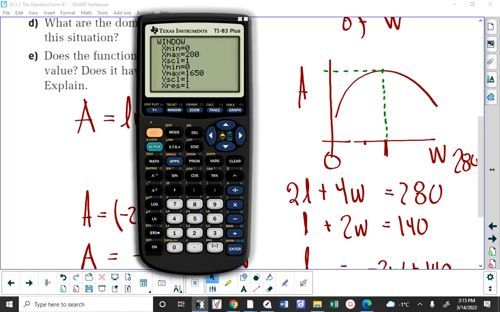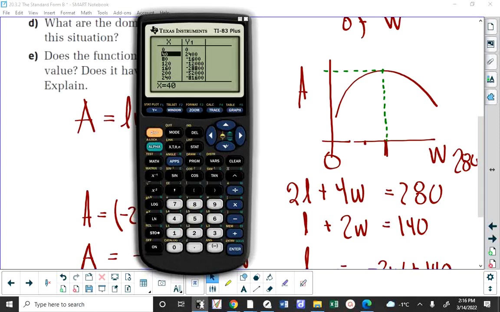Let's go up by 50. I don't know, 40. You can go up by whatever you want. So I'm going to set up my table to start at 0 and go up by 40. And then when I go to my table, I'll be able to track the different y coordinates that are happening. And that will give me an idea of where to go for y.